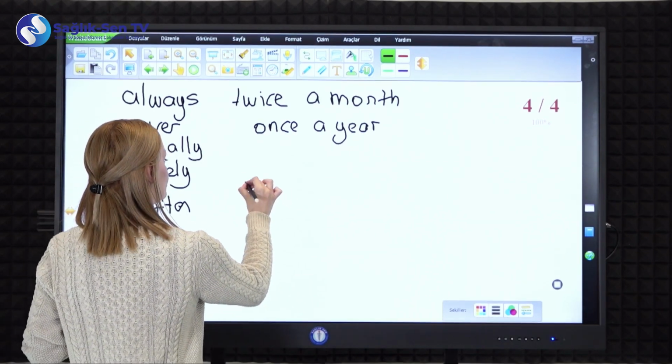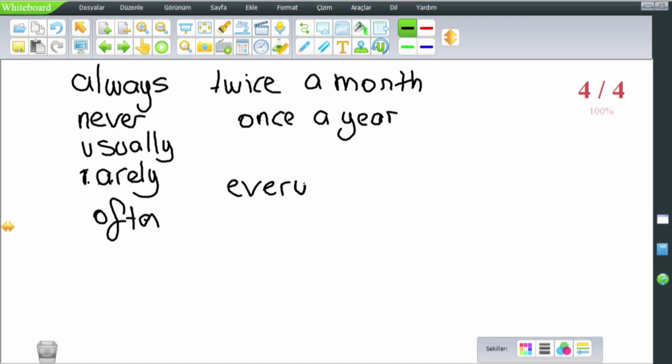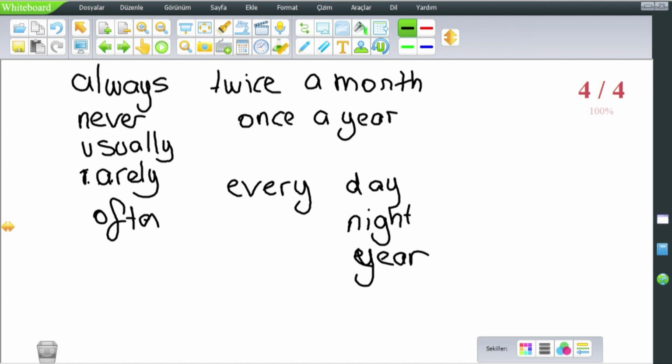Also, we can use, for example, every day, every night, every year, every week. Or I can use, for example, at weekends. Hafta sonları.